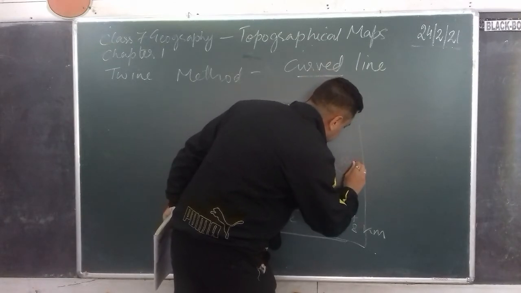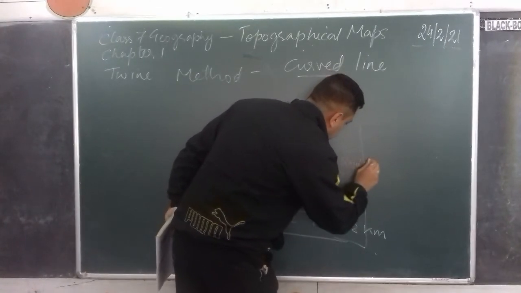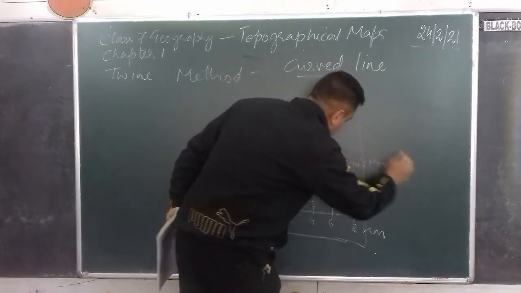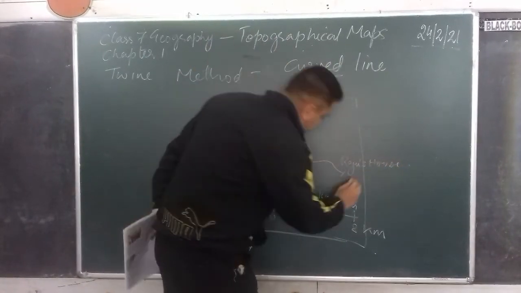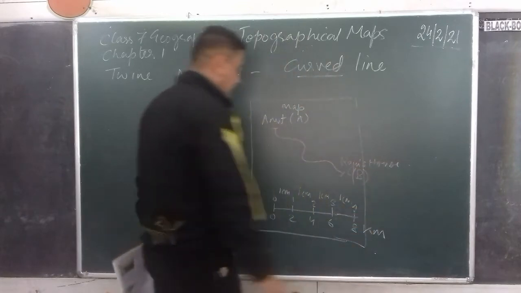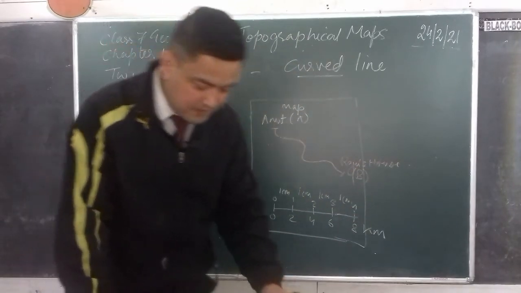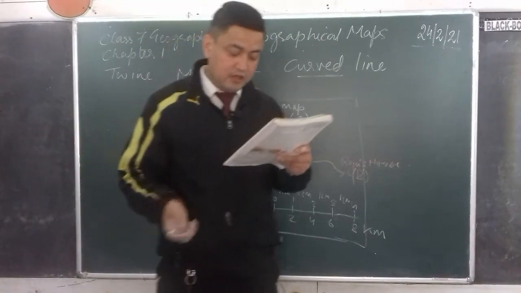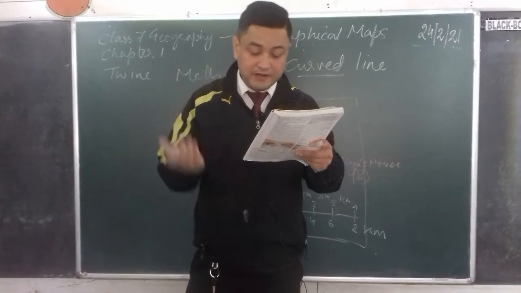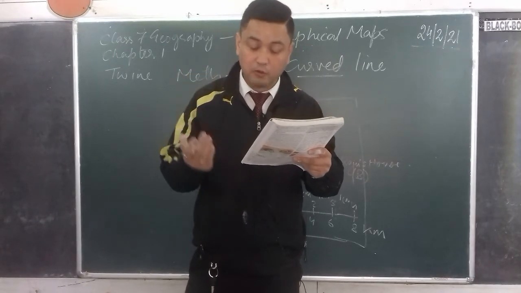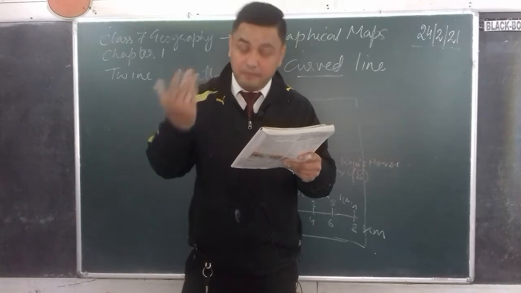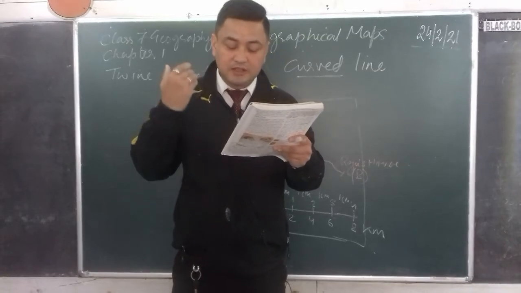I'm writing outside. This is point B. Now how are you going to measure with the help of a twine? The distance between the two points, not along a straight line but along a curving road, along a curved line, is found by using the length of a twine.